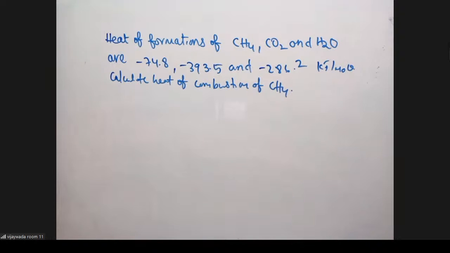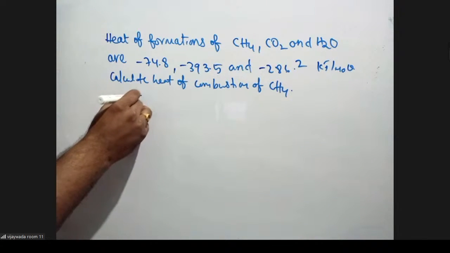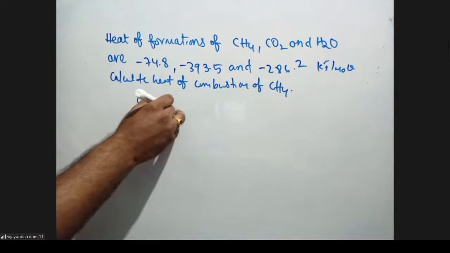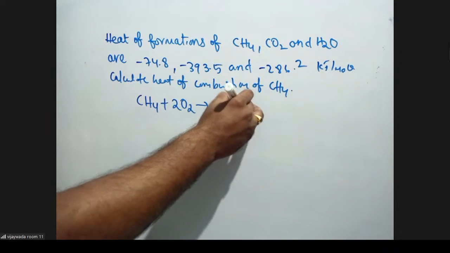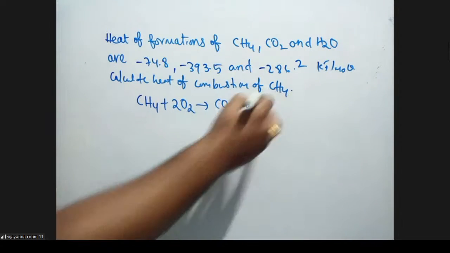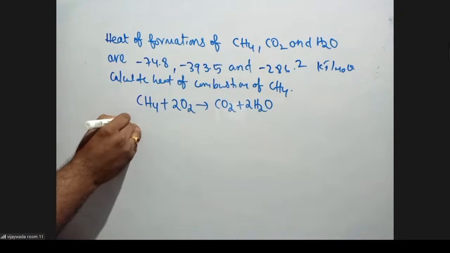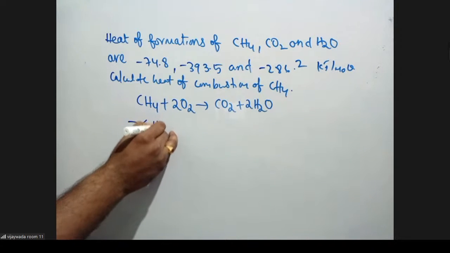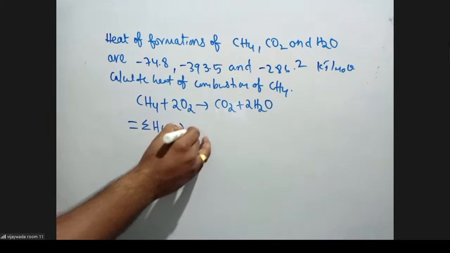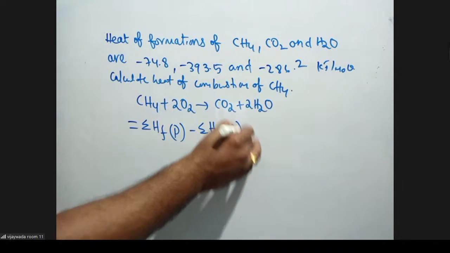Heat of combustion of CH4. First of all, write equation for combustion. CH4 plus 2O2 gives rise to CO2 plus 2H2O. Balanced? Yes. Now, heat of combustion of CH4 formula: sigma heat of formation of products minus sigma heat of formations of reactants.